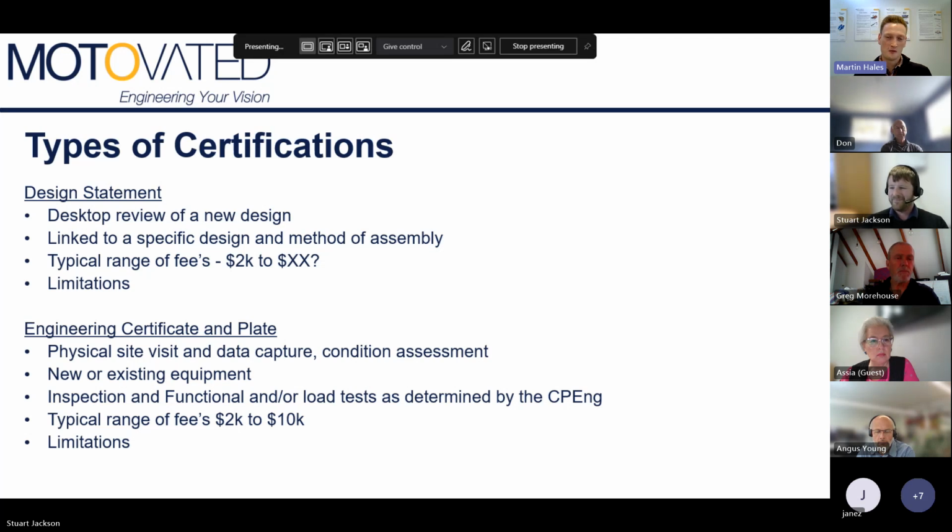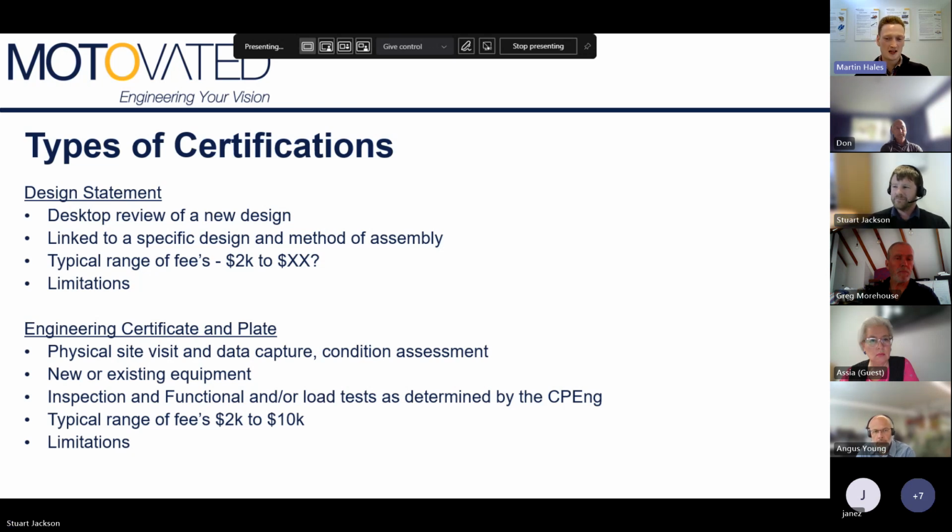But we will always use design statement, which pertains only to a theoretical design, so references only drawings, and then an engineering certificate and plate pertains only to a physical item. Each one has its own number.